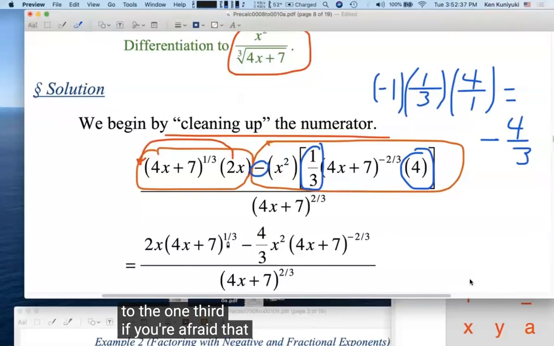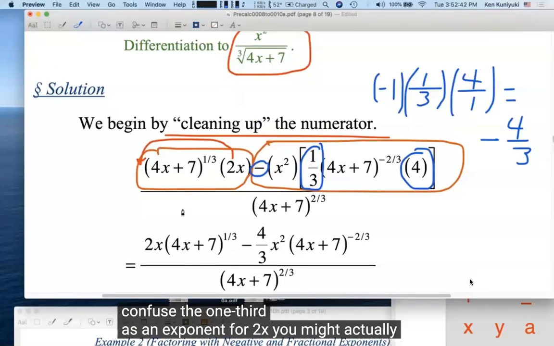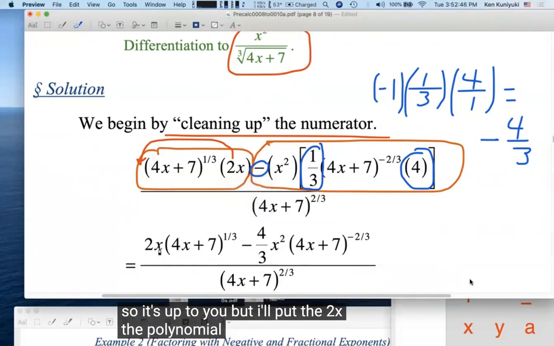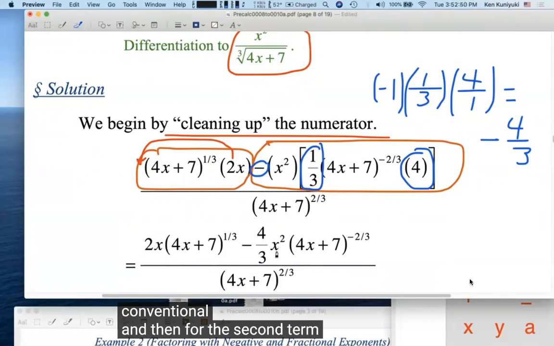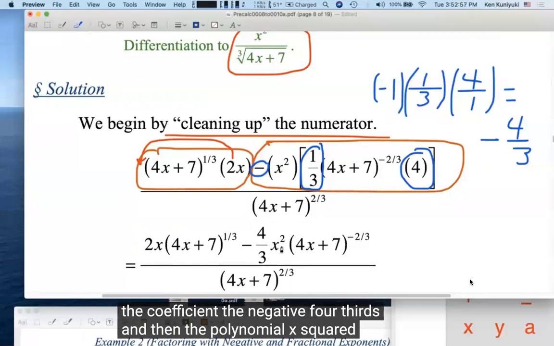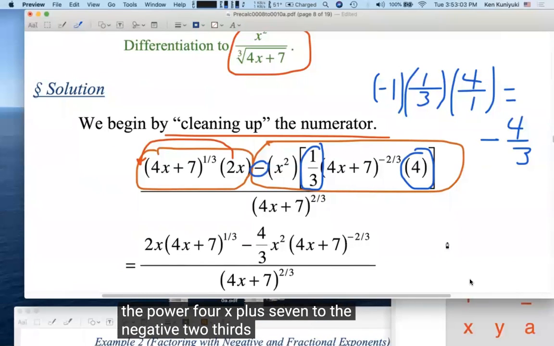If you're afraid that you're going to confuse the 1/3 as an exponent for 2x, you might actually prefer this. So it's up to you. But I'll put the 2x, the polynomial piece, on the left. That is conventional. And then for the second term in the top, we have the coefficient, the -4/3, and then the polynomial x squared, and then the power, 4x plus 7 to the -2/3.